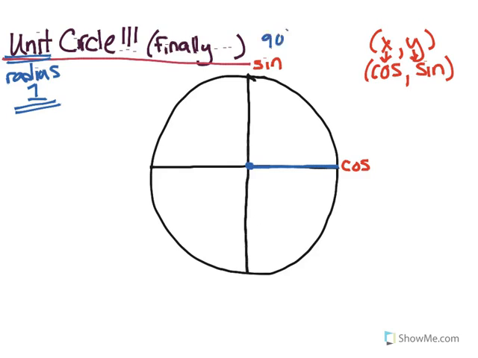Up here we have 90 degrees, and here we have 0 degrees, as we've already seen. So 30 degrees would be about a third of the way up to 90. So I'm going to estimate that to be about here. And I'm going to connect that to the origin to make my angle. This is a 30-degree angle here, okay? And in order to make that right triangle, we take the intersection on the circle and we drop it down to the x or cosine axis.